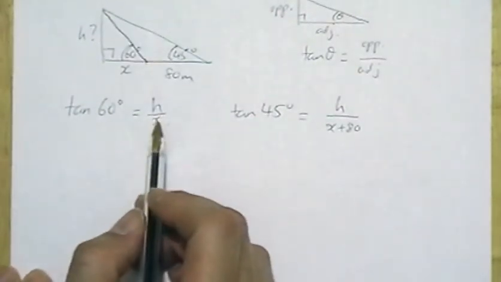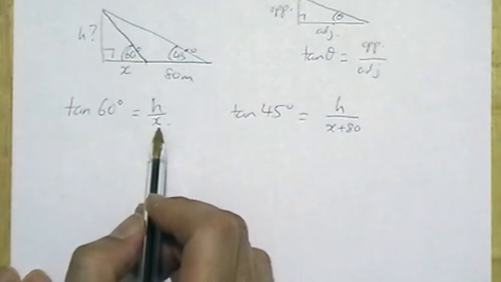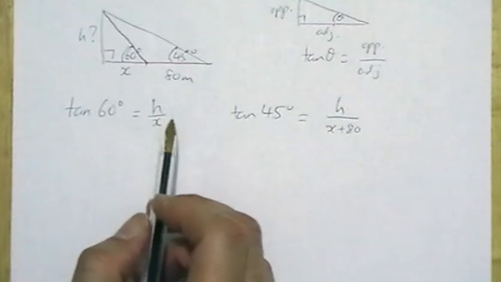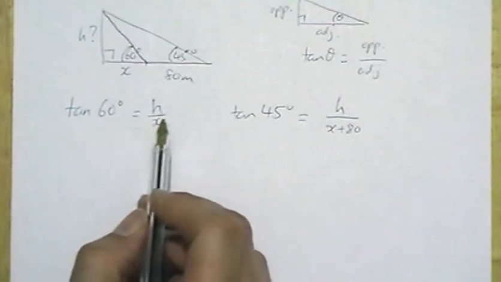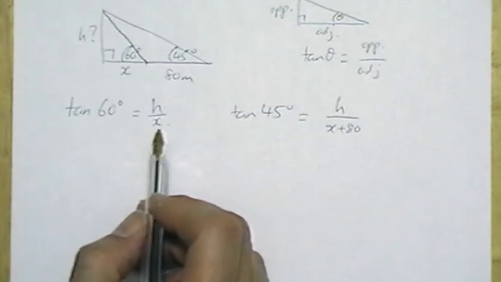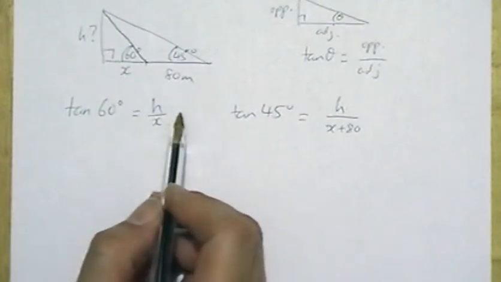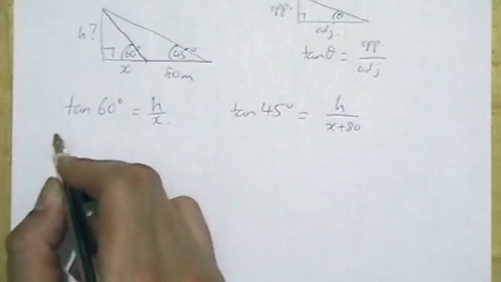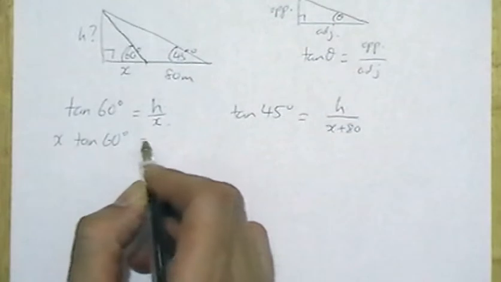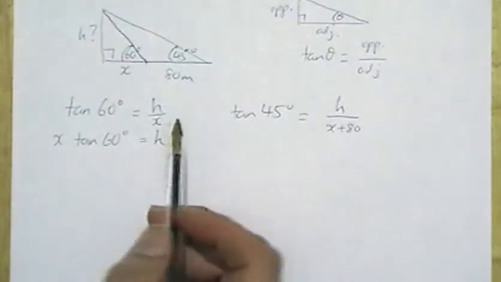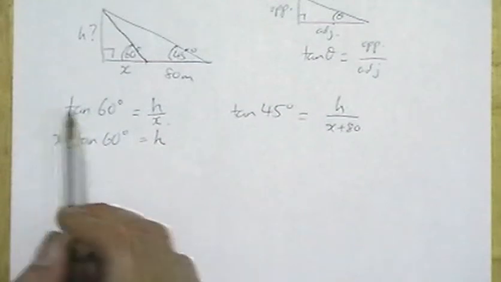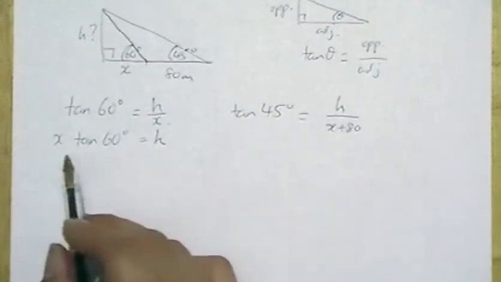So if I want to get rid of this fraction, the first thing to do is to get rid of the denominator x. We can do that if we multiply both sides by x, so that gives tangent 60 times x equals h. This is the same as saying we move the x to the other side. So that looks simpler.